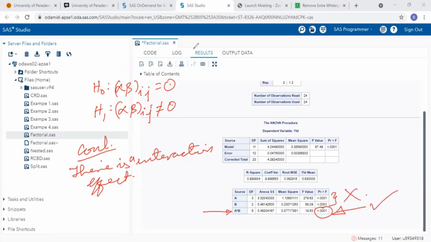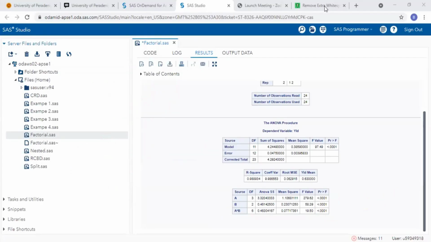Then we need to go for mean separation. Right. So what is the next step? We'll have to go for mean separation.